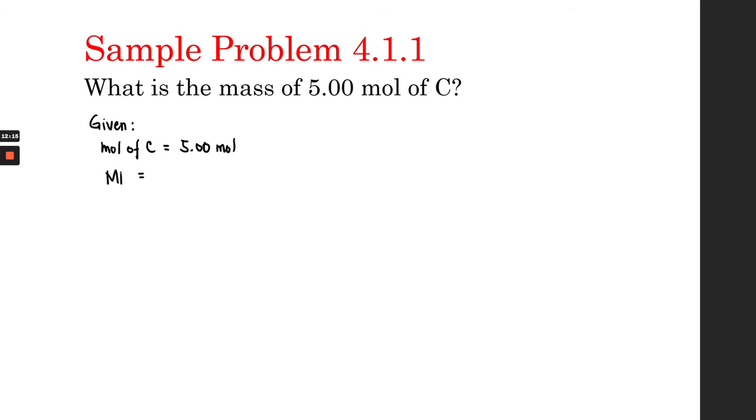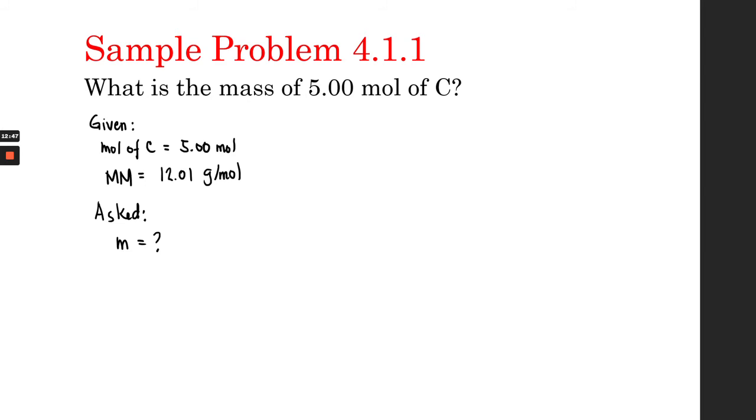So the molar mass of carbon is about equal to 12.01 grams per mole. Where did I get this? It's just on the periodic table of elements. Just look at the atomic mass, the number at the bottom, and make it grams per mole. That is its molar mass. And then what is being asked? It's asking me for the mass.